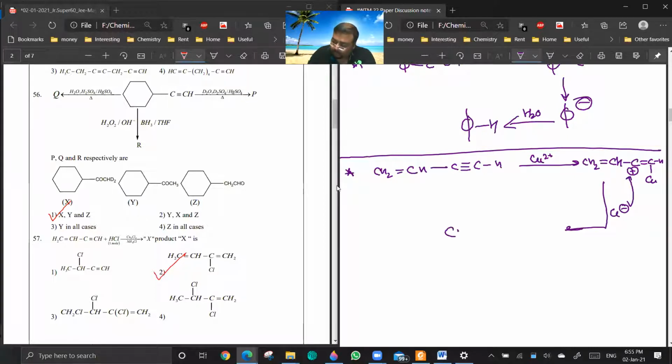Did I discuss this reaction on the last day of the alkyne class? Okay, then it will lose this as minus Cu+. It's Cu+, not 2+.